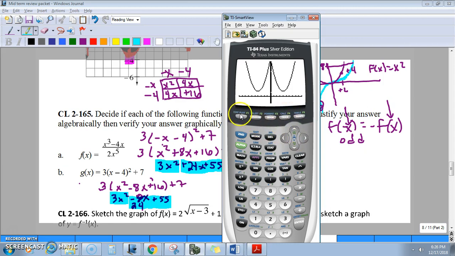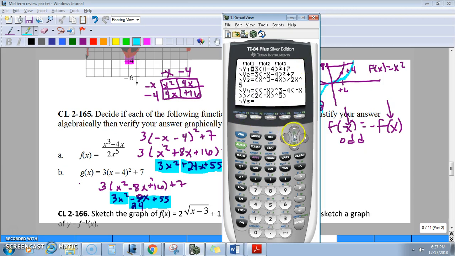But I could also tell if we just look at the original one we were working on, whatever I enter in here, if I enter in the negative of that, it is not going to give me that other negative number. It is not symmetrical about the origin. Okay, so you can tell that.